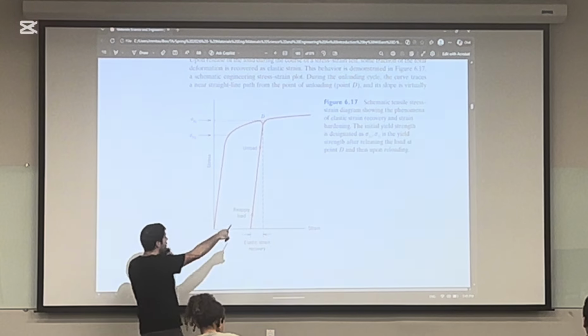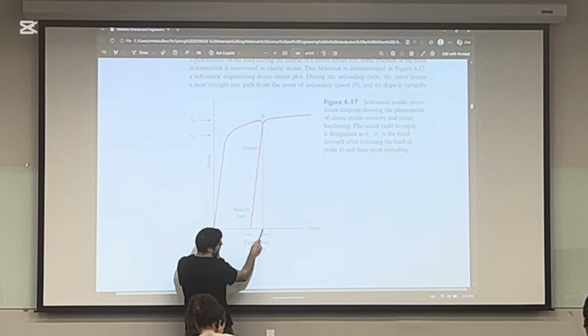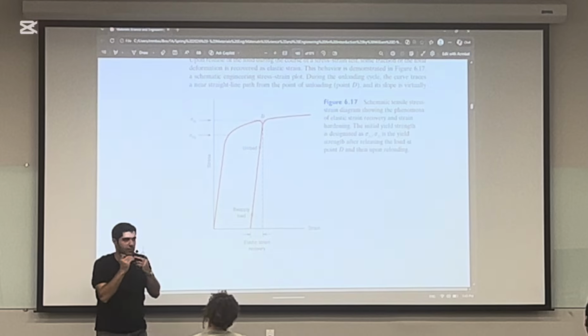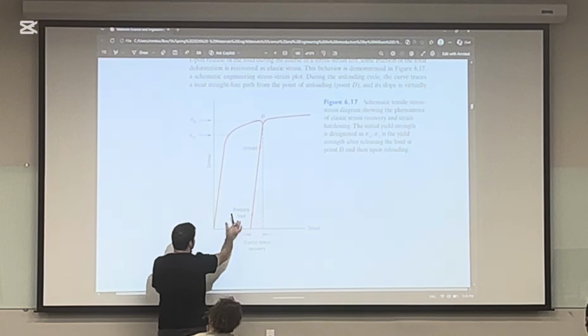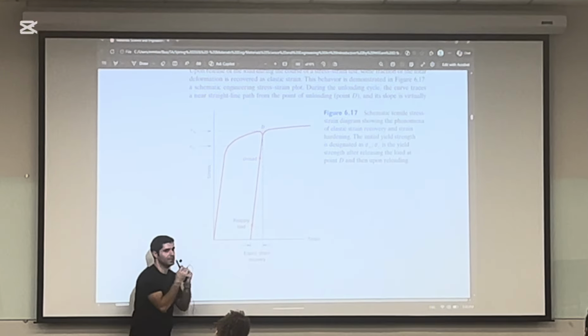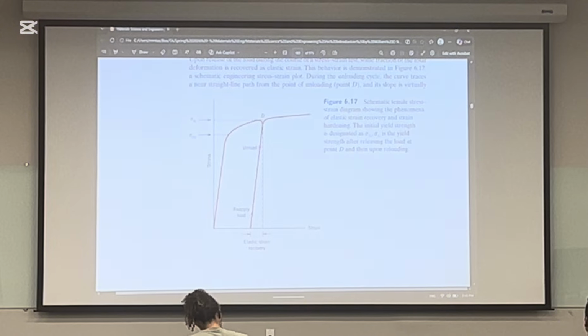But when you release the force, you don't end up at this point; it retracts a little bit, due to the elastic part, and you end up with this change, which is your plastic change. Is it clear? And that's the answer to your question.